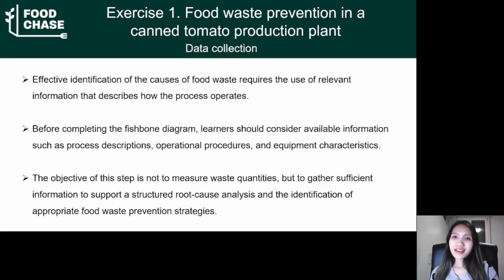This exercise is about a process in the processing stages, so it's actually a little bit complex. The objective of this step is not to measure waste quantity, but to gather sufficient information to support structural root cause analysis and the identification of appropriate food waste prevention strategies.